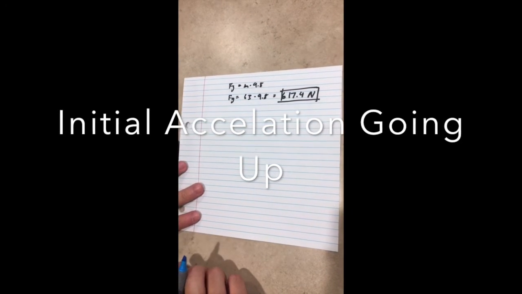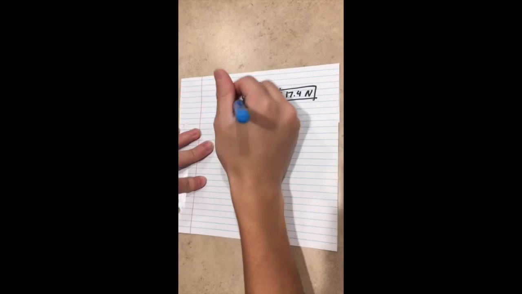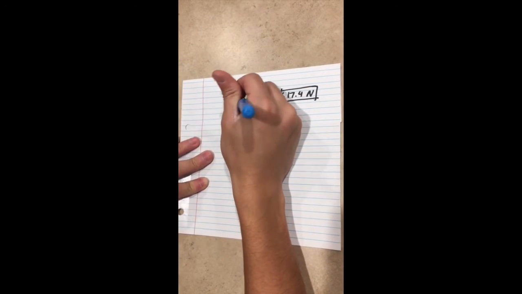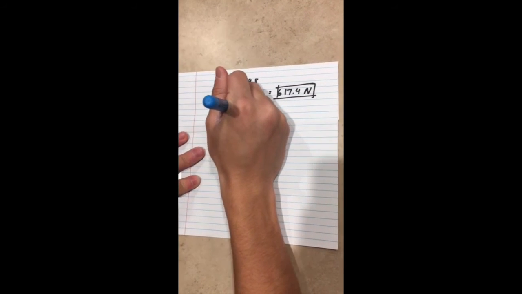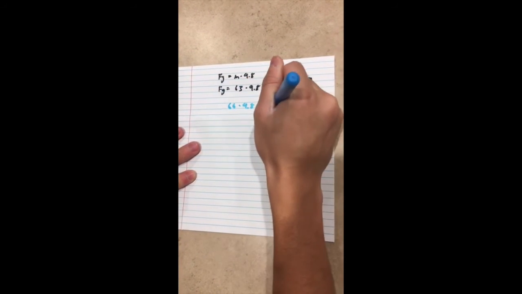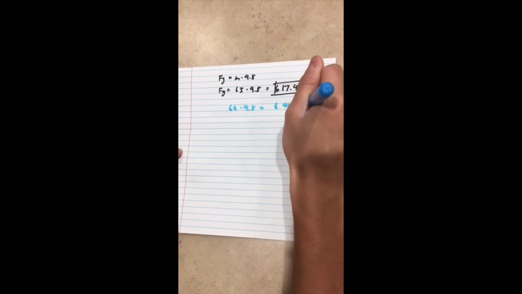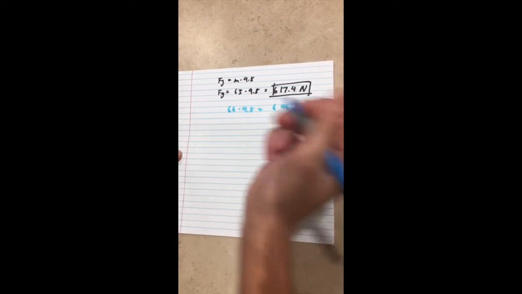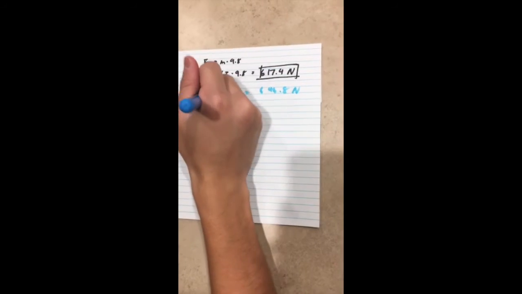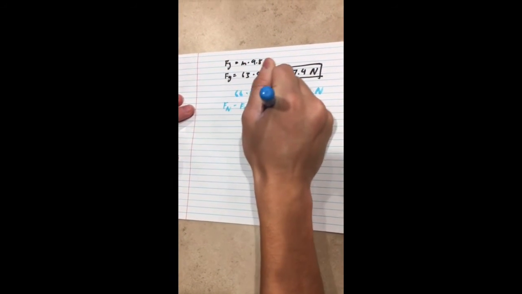Alright, and to find the acceleration of when Brandon goes up the elevator starting, we have to find his normal force when he goes up, which is his mass, 66, times 9.8. That gives you 646.8 newtons. And then to find the acceleration, you have to do normal force minus Fg equals mass times acceleration.